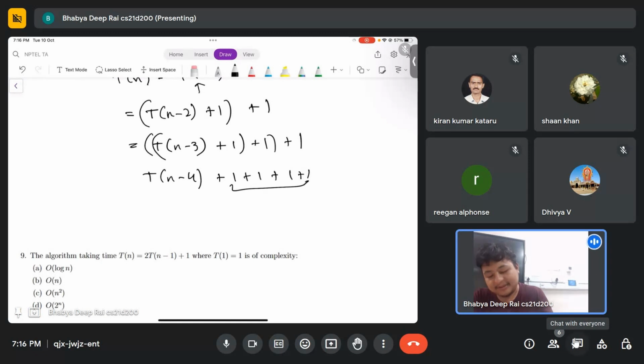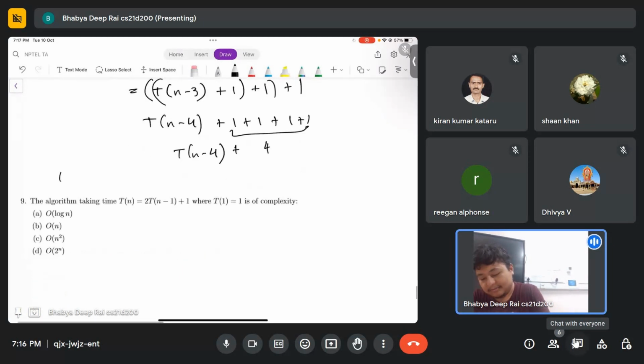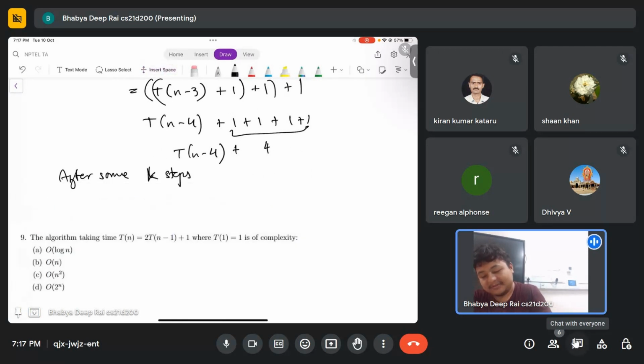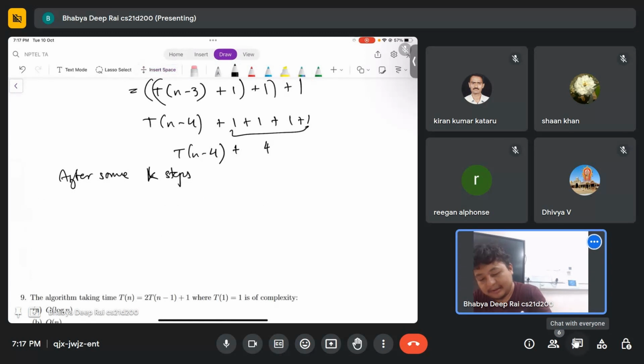But what is this equal to? This is equal to 4 plus T of n minus 4. So after some small key steps, T of n will be nothing but T of n minus k plus k.